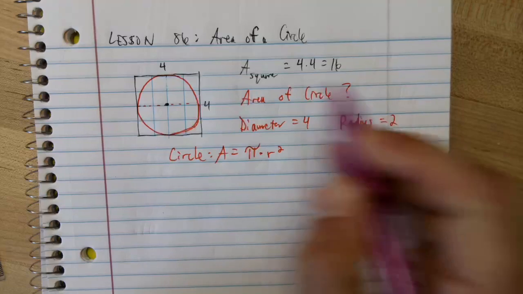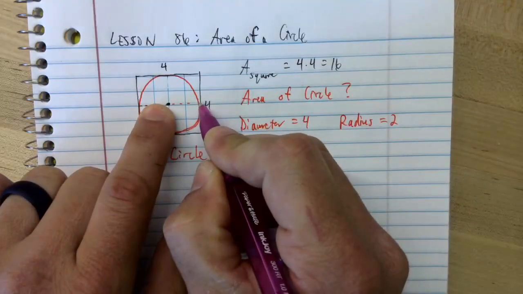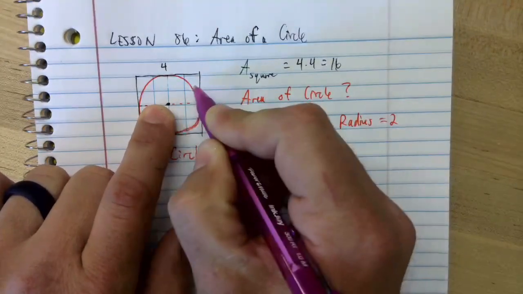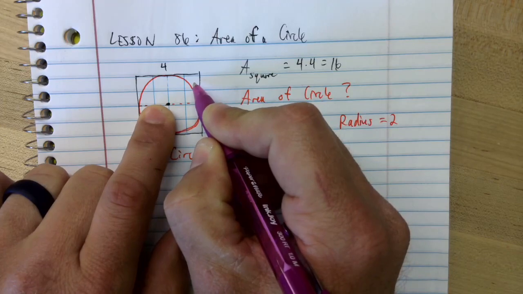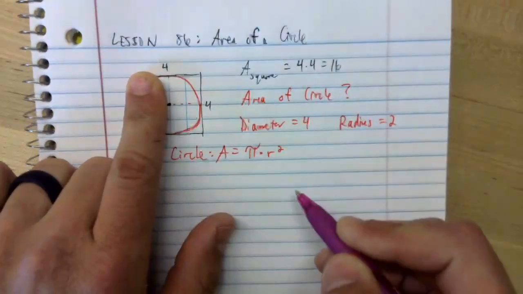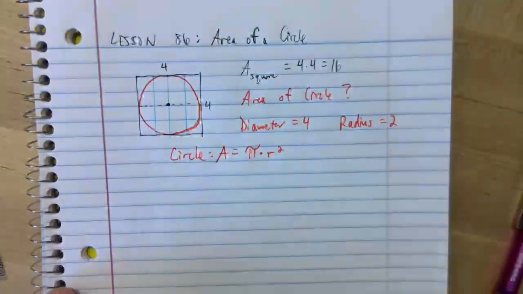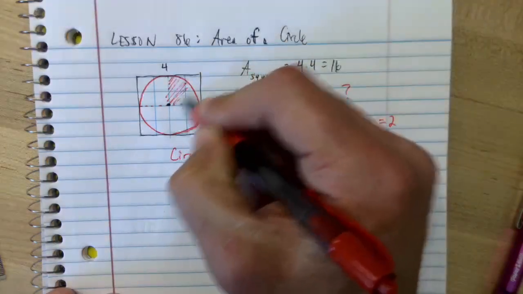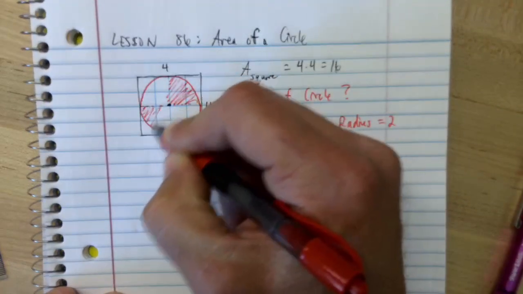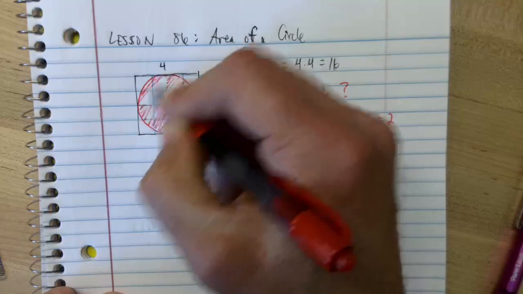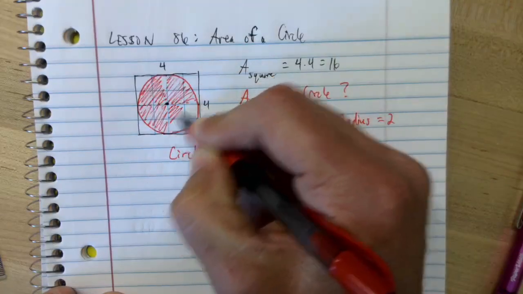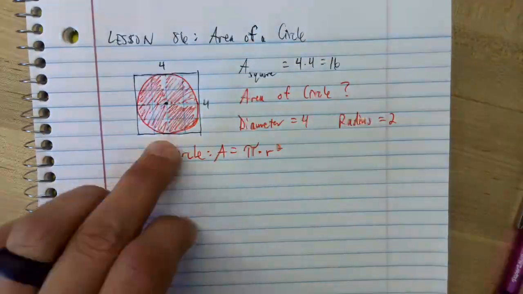Now, I want you to think about something. If I took my radius, which is 2, and I squared it, I get 2 times 2, that's 4. Which is a little bit too much for that corner if I'm talking about the circle, right? If I start coloring in my circle here, you can tell that there's going to be some whole squares and some that are left out.